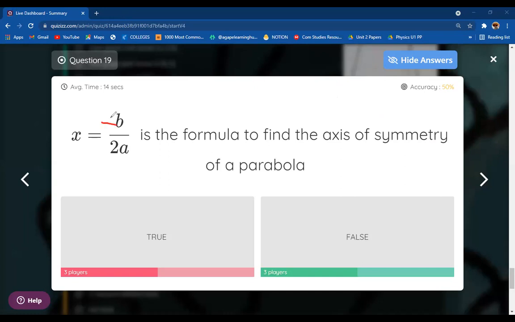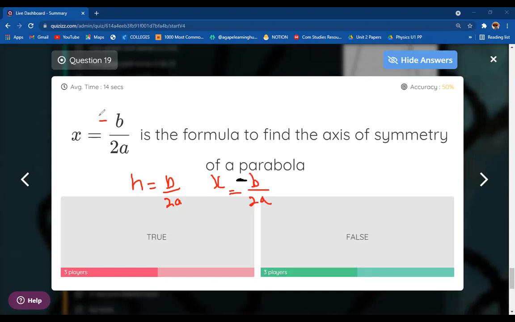That's a minus sign. Don't forget that minus sign. Everybody understands that?